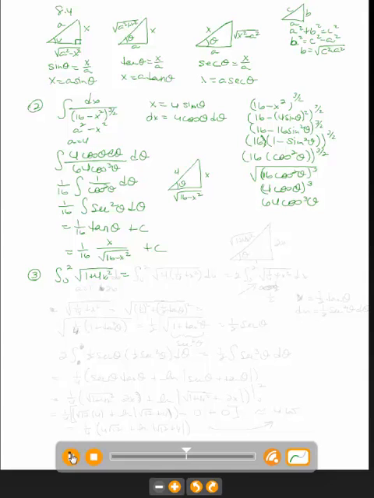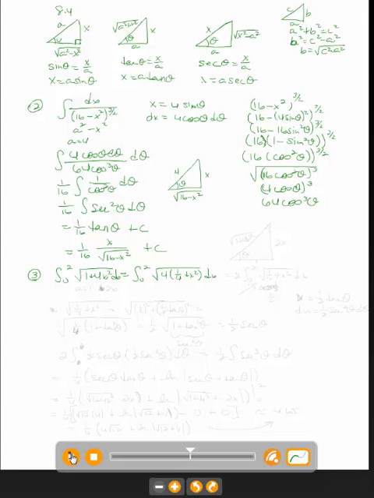So I'm going to change this. I'm going to do it in 2 separate steps. I'm going to pull the 4 out. So I have 1/4 plus x squared in there.